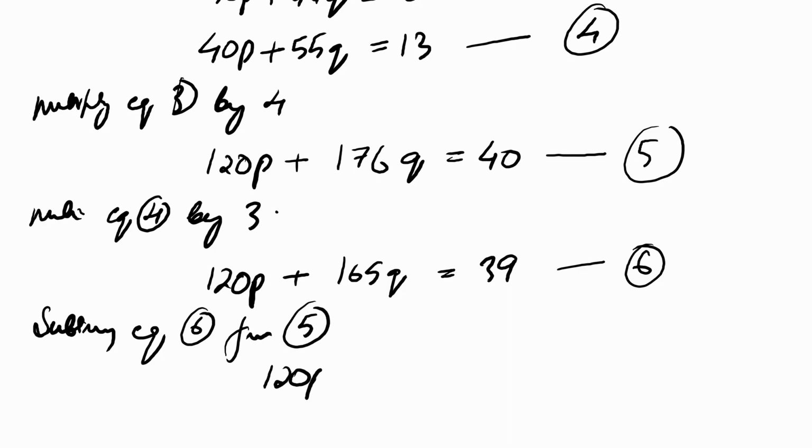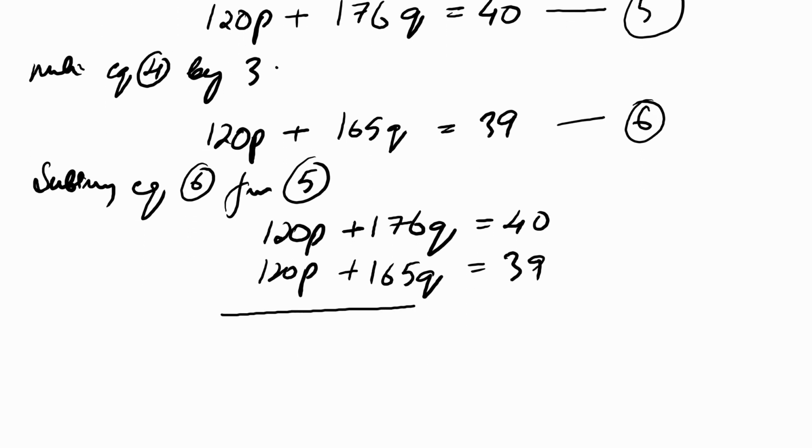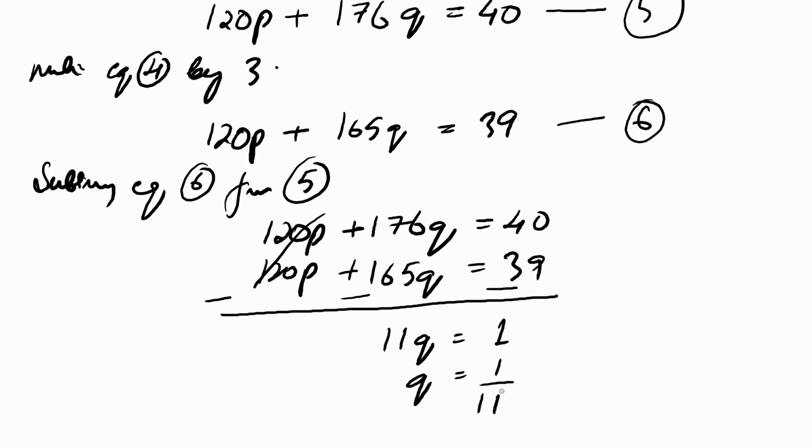First I will write 120p plus 176q is equal to 40 and 120p plus 165q is equal to 39. So what will happen over here? Minus, minus, minus, these both will cancel. This will happen like 11q is equal to 1. So q is equal to 1 by 11.